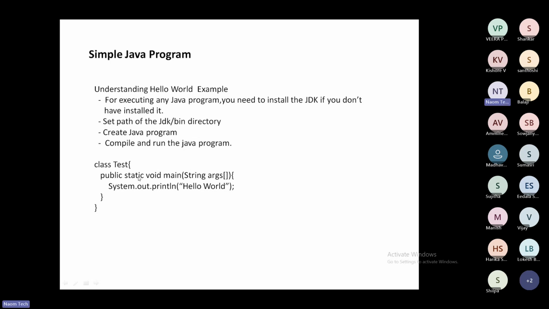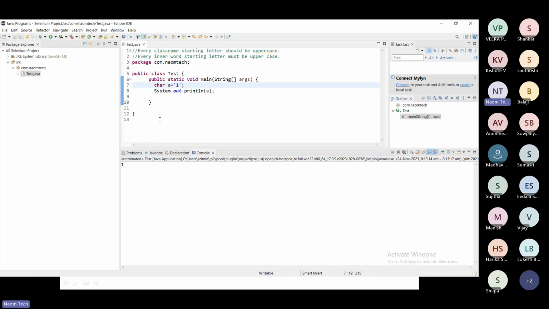When you put static, let me ask a quick question. If you want to run this program, are you creating any object? No, right? We don't see anything like an object here. I'll talk about it later, but now you don't see any object. You are able to run this main method without an object all because this method is static. We can execute a static method without creating an object.